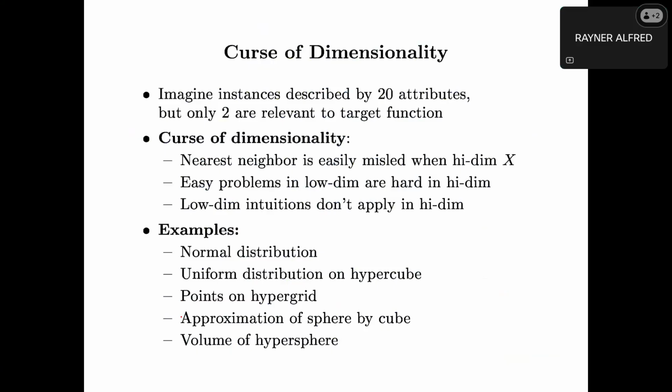We do not want to include all the features that we have. One way to look at this is the normal distribution, uniform distribution, point hypergrid, approximation of sphere by cube. But for all of these we can shortcut, and we look at the entropy.